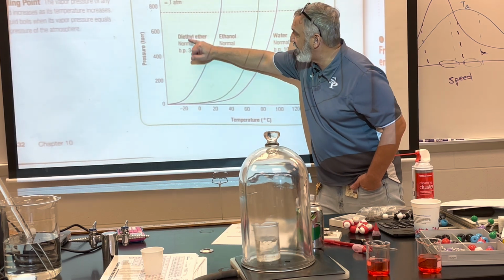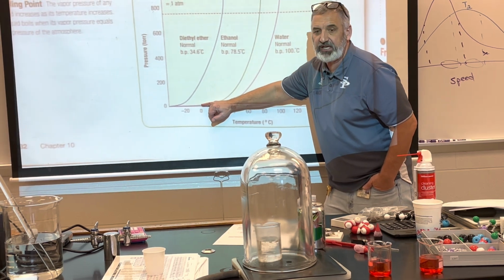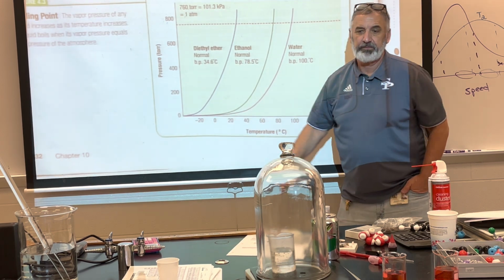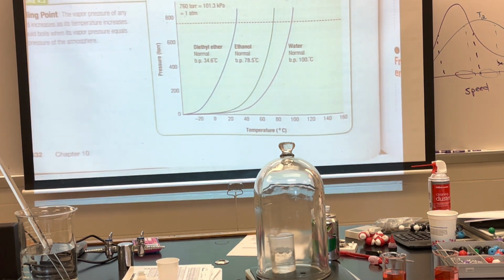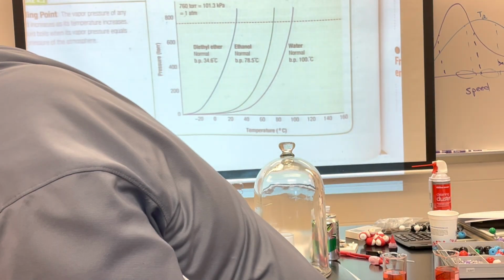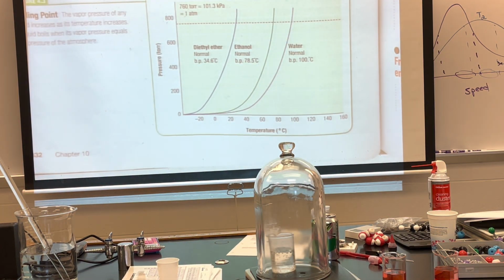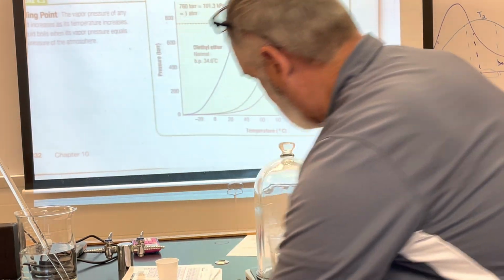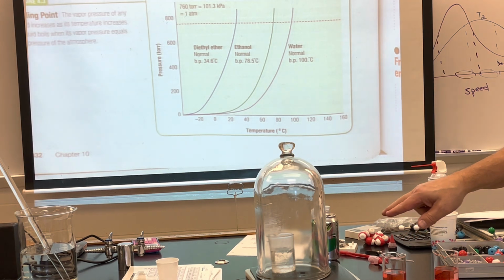So the pressure inside has come down all the way down to here. Okay? And now it's boiling. Generally it can even boil more vigorously, but we have a leak somewhere. Okay, but if you can't see it, it's definitely boiling.